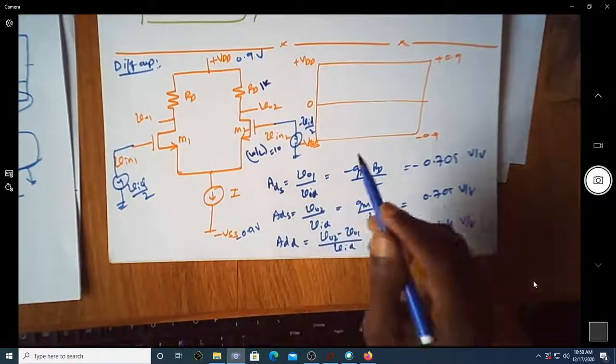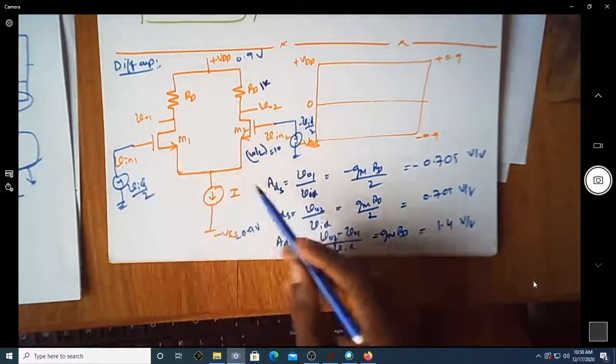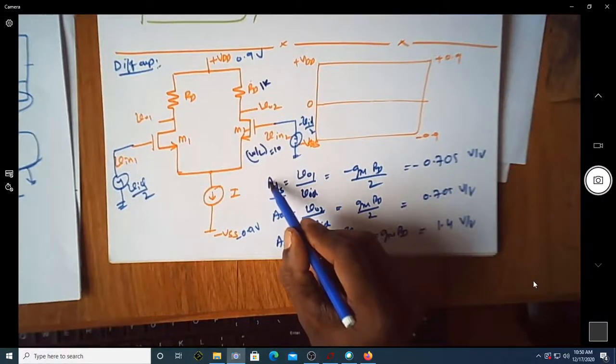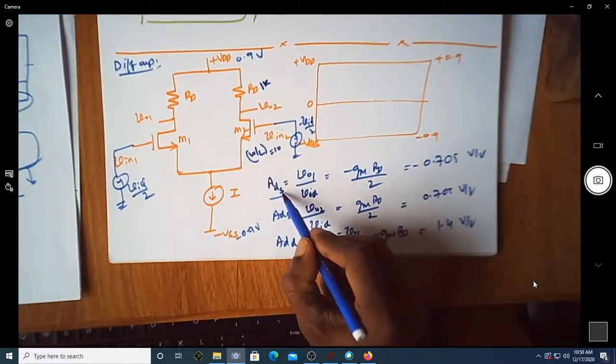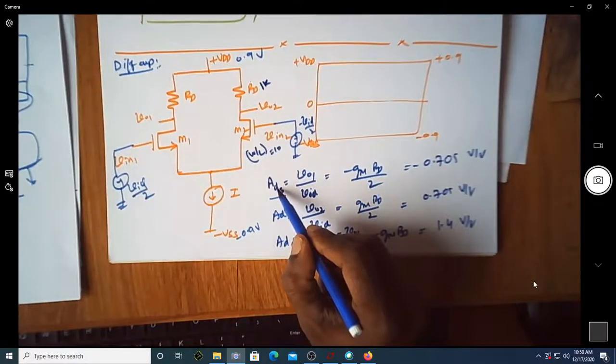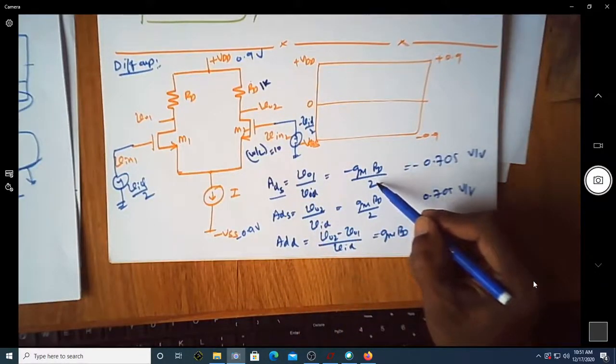As we discussed in the previous video, we are going to get V01 with respect to VID. We name it as the gain of the amplifier with differential input, but single-ended output. So ADS stands for the gain of the amplifier with differentially applied input voltage, but measured single-ended. That is V01 by VID, given by minus GM RD by 2.